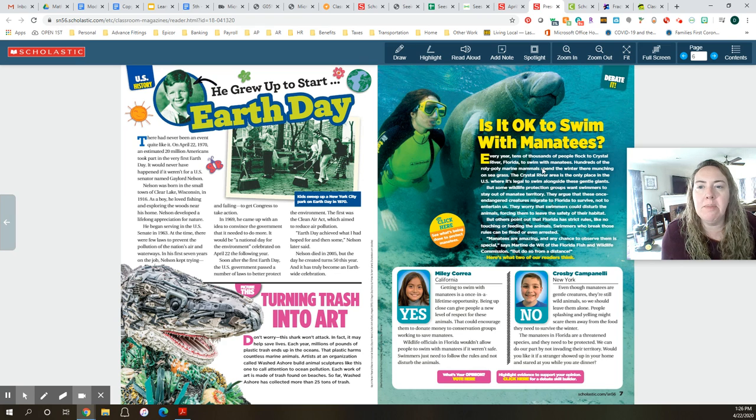So I remember reading up here where it says some wildlife protection groups want swimmers to stay out of manatee territory. Well, why? They argue that these once endangered creatures migrate to Florida to survive, not to entertain us. So that might be one reason. Manatees aren't coming to this river, the Crystal River in Florida, to entertain us. They're coming to this river so that they can survive.